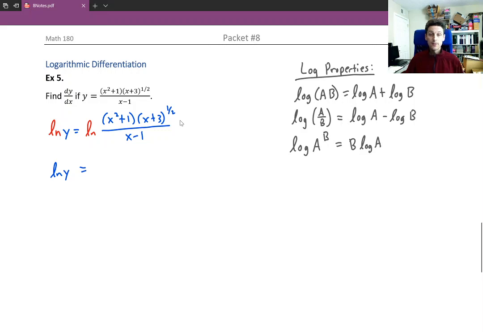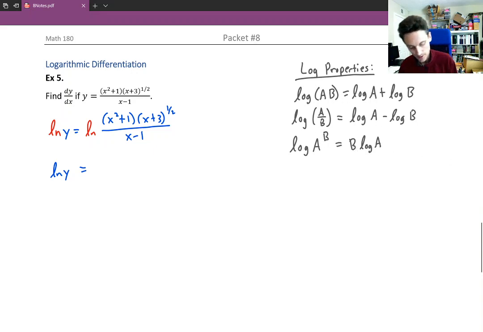Then for the next step, we're going to use those log properties that we just reviewed to break down the right-hand side, the log of these products and quotients and powers. We're going to break all that down into a bunch of smaller logs using these log properties. Remember, the multiplication turns into addition, the division turns into subtraction, and the exponent turns into multiplication.